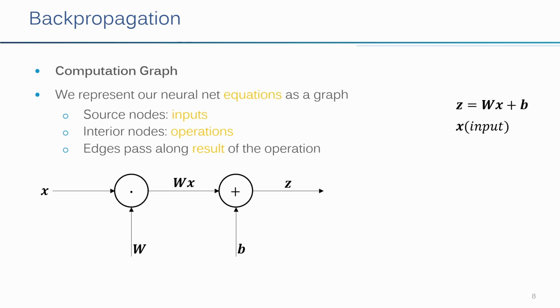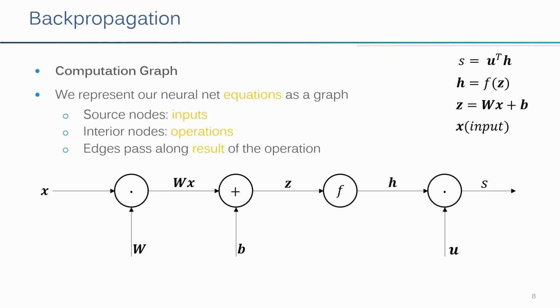Then we'll sum that to a bias, and then we propagate that to whatever nonlinearity that we have, to a hidden layer, and then we have that hidden layer multiplied by another arbitrary weight in the last part right here, and then we obtain this value, which we can input into a softmax and decide. We do this for all the words that we have in our window as we move, whatever the target word is.